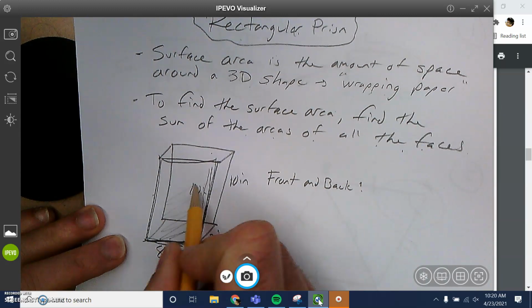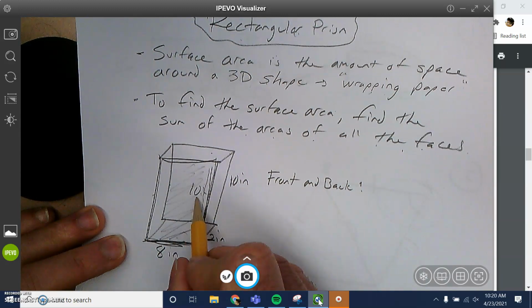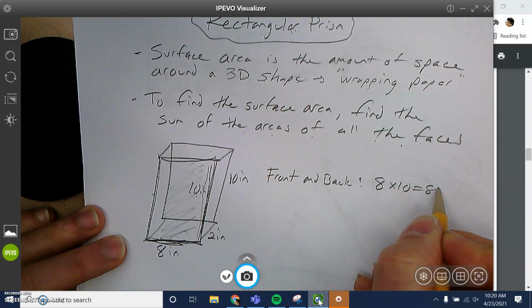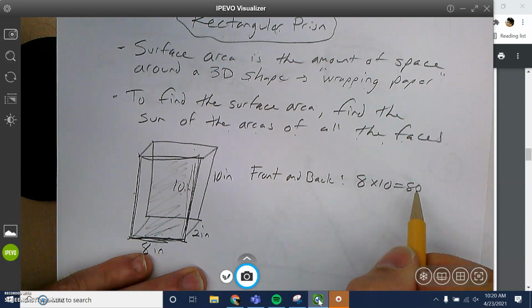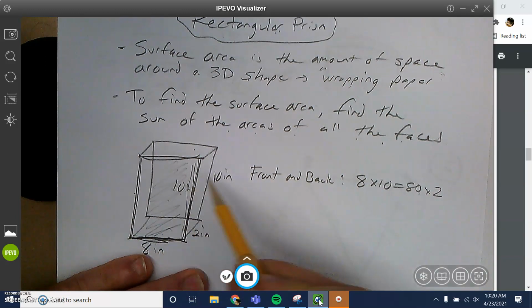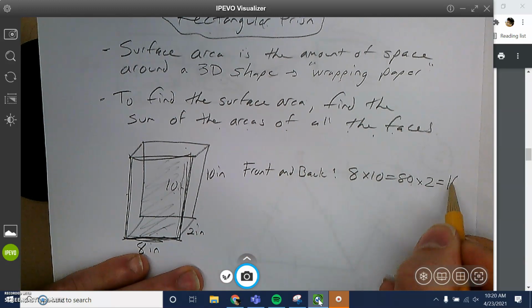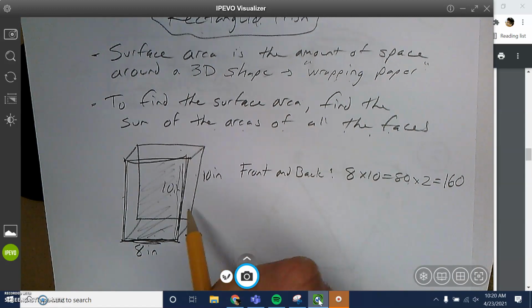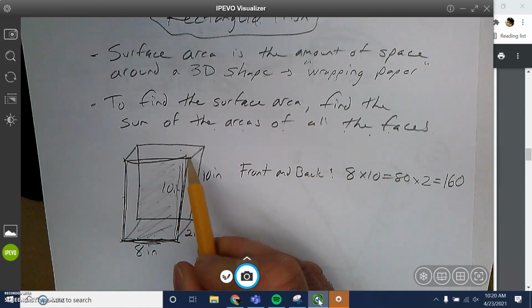So front here and then the back, right? So that's going to be 8 times 10, which is 80. Now that's just the front, so I'm going to times by 2. Why? Because I have the front and the back. So that is 160. So the front and the back together, the area is 160, is 80 plus 80, or 80 times 2.